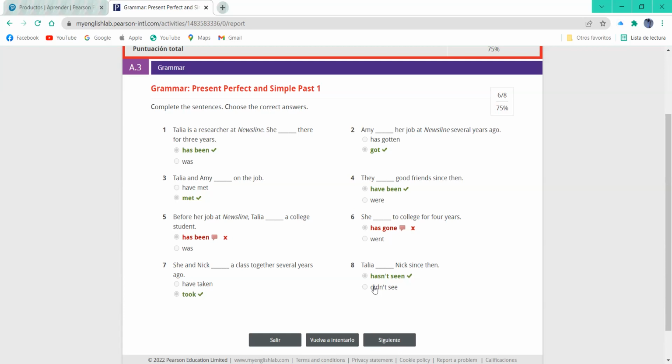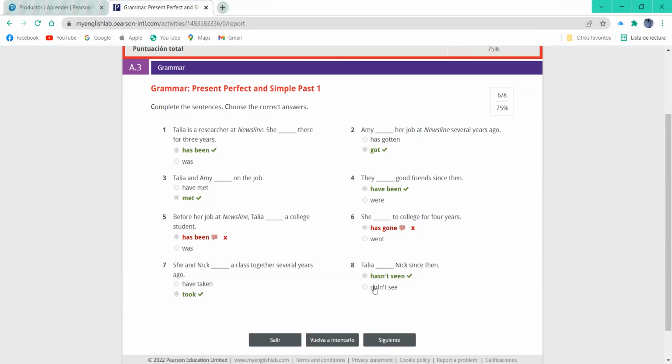Que podemos utilizarlo, pero cuando algo no nos dé con exactitud una acción o una actividad. En cambio, acá nos dice, ella fue a la universidad por 4 años, o sea, ya culminó sus 4 años. En cambio, si pusiéramos el has gone, quiere decir que aún actualmente sigue yendo. Ok, entonces esa es la única diferencia.